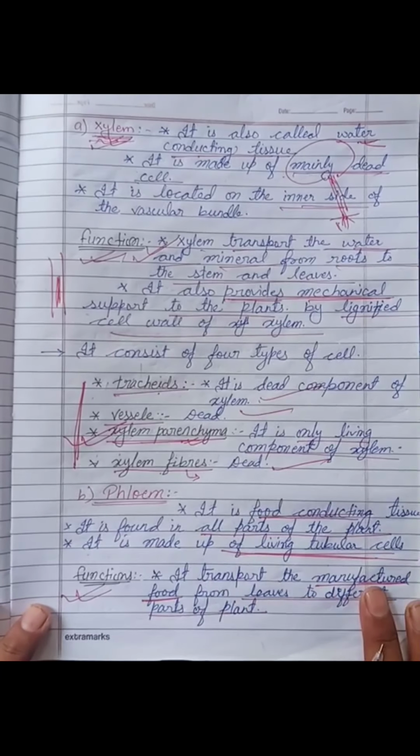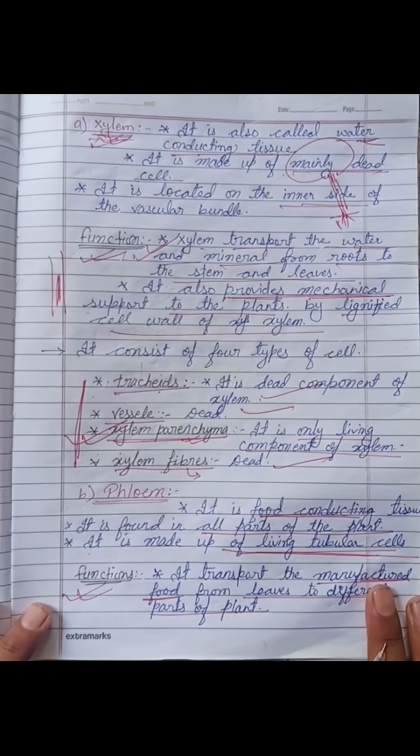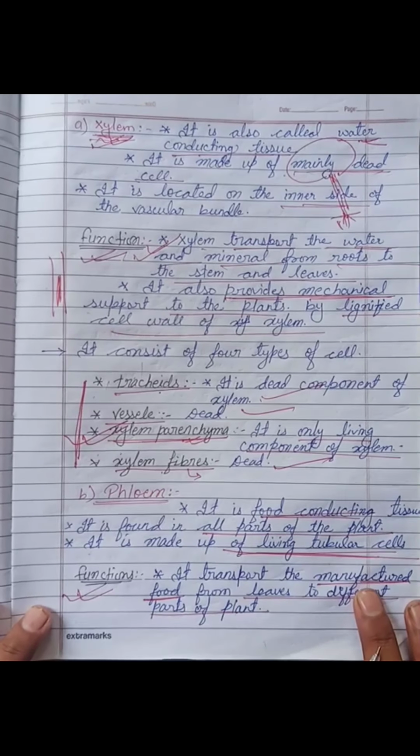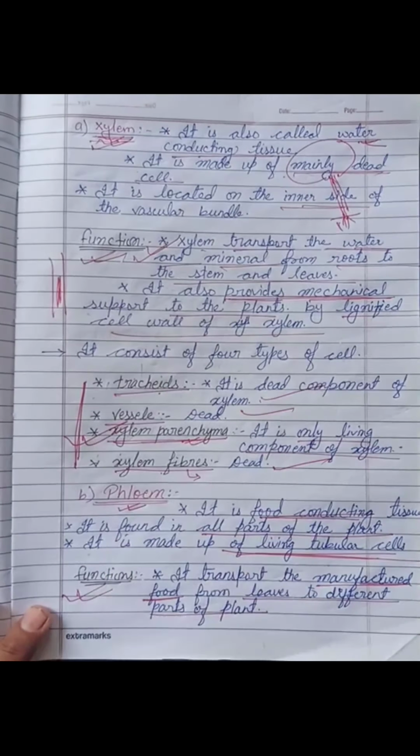As you remember about photosynthesis, in photosynthesis food is manufactured. Is it okay or not? In photosynthesis, food is prepared or manufactured. That food is transported by the phloem tissue.